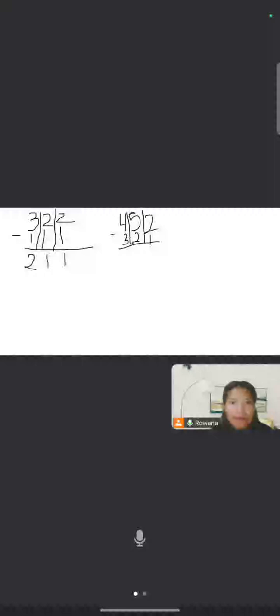Now, 2 minus 1. Show your 2 fingers and close 1 finger, or do the strategy: put an X on one circle. The remaining is only 1, so you put 1 here. Okay, next, 5 minus 2.